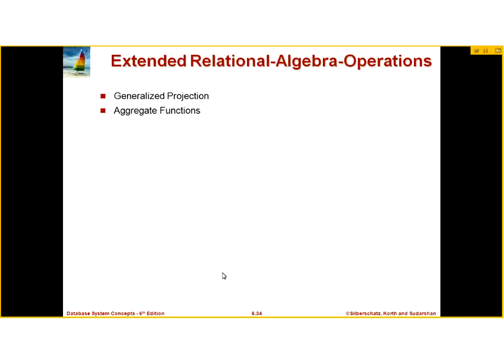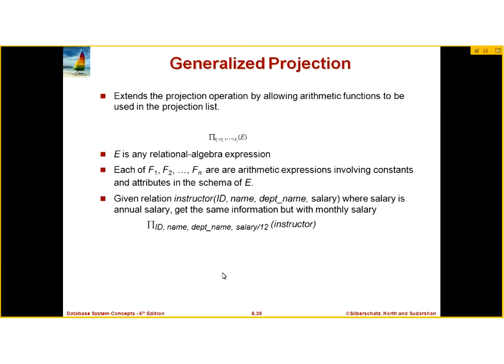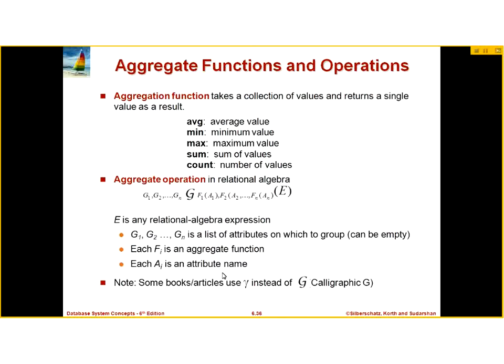And there are certain extended relational algebra operations like generalized projection and aggregate functions as well. Generalized projection extends the projection operation by allowing arithmetic functions to be used in the projection list. So you can use those operators over here as well. In aggregate operations, aggregate functions take a collection of values and return a single value as a result, like you can use average, minimum, maximum, sum, and count.